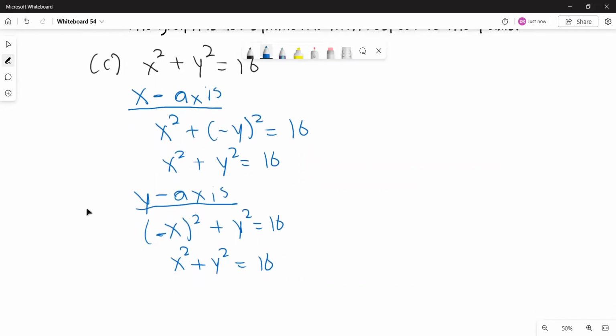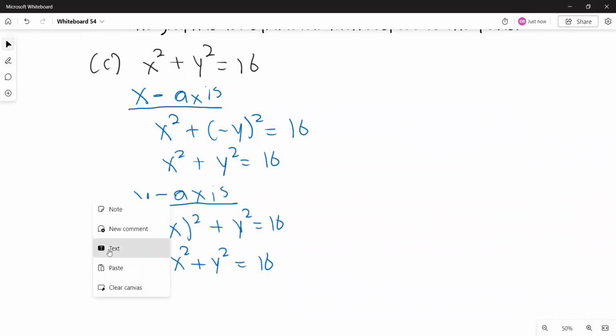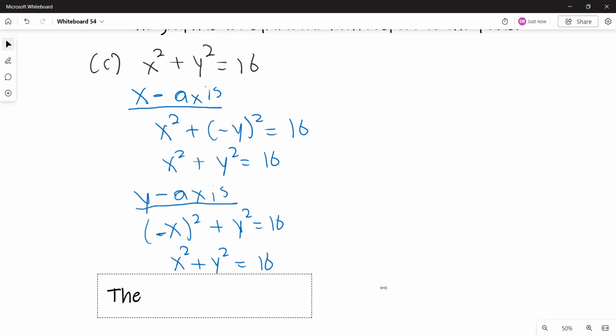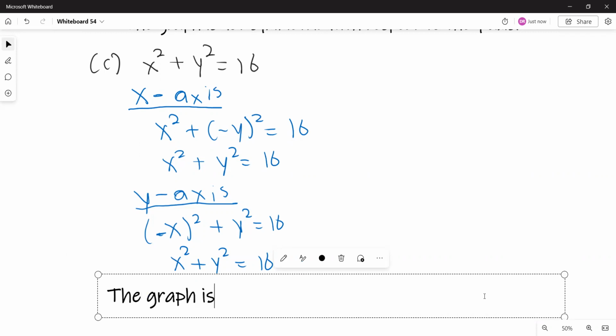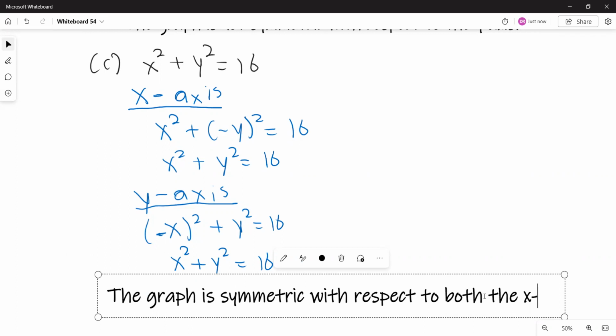Okay, so in both cases we obtained the same equation. And the graph is symmetric with respect to both the x-axis and the y-axis.